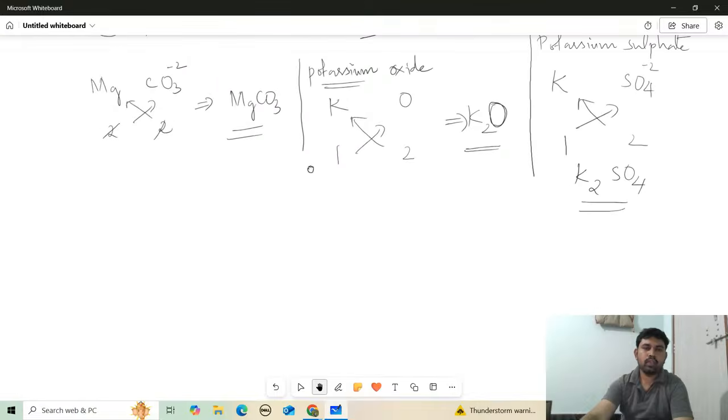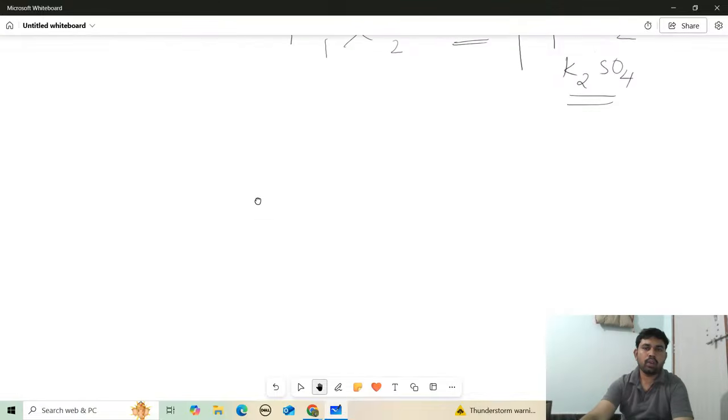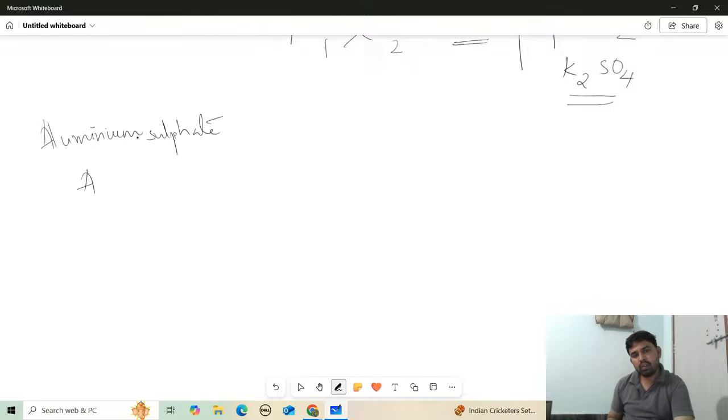Let me find some more formulas which are somewhat difficult for you, wherever we're getting difficulty. Let me find the formula of aluminium sulfate. The aluminium symbol is Al, and sulfate is written as SO4 with charge 2, which we take as valency here. Aluminium valence is 3.